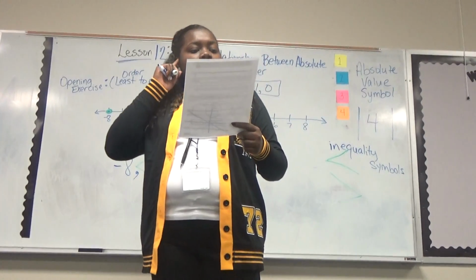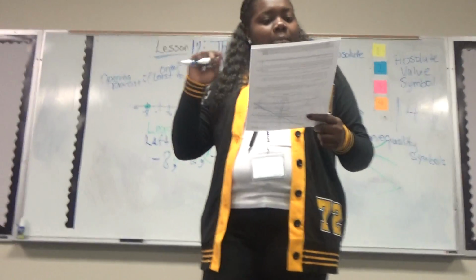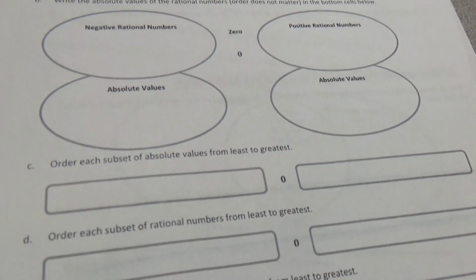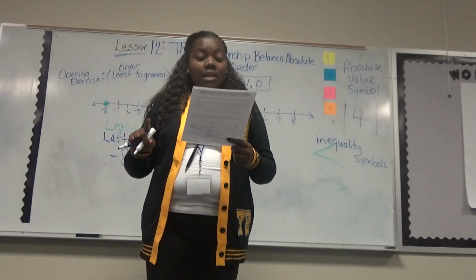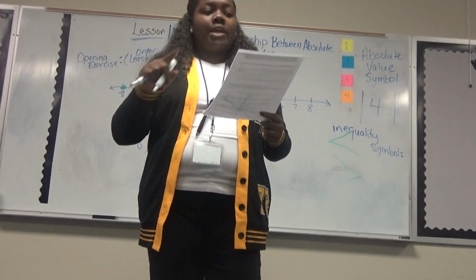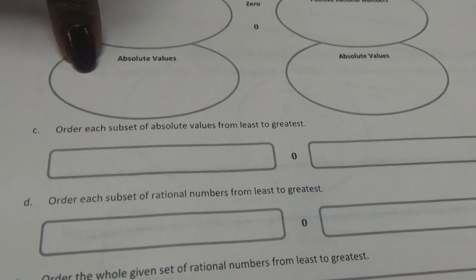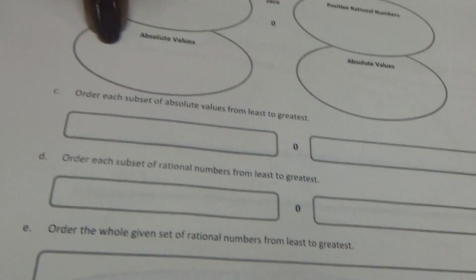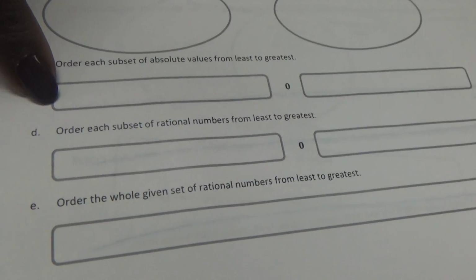Okay? So then when you get down to C, track C on your paper. C says, order each subset of absolute values from least to greatest. So, track the paper again. So, once you have these numbers listed here in the absolute value bubble, you're going to come down here and put them in order.